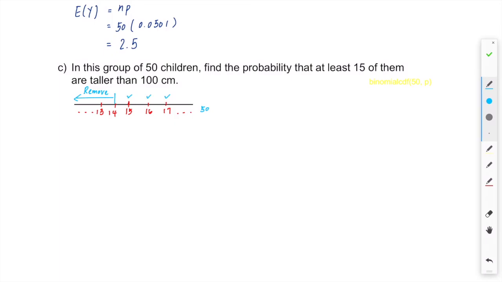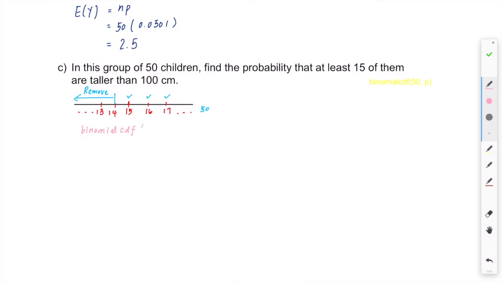Okay? Because we can now activate another command on your graphing calculator that you have used before, binomial CD for the cumulative up to the 14th case. So include 14, but do not include 15.